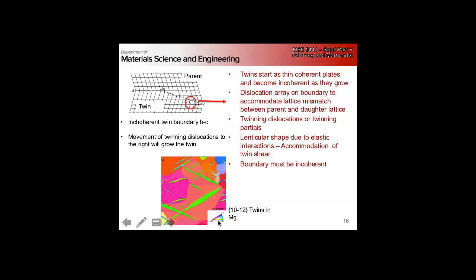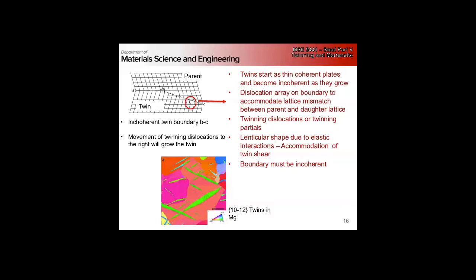And so because of this accommodation, we see these lenticular shapes, both for twins, and we'll see them again in martensite. And this is because of the elastic, this minimizes the elastic energy. It minimizes the amount of strain that has to be accommodated in the neighboring grains, right? And whenever you see a curved interface like this, you know there's no way it can be a coherent interface, right?